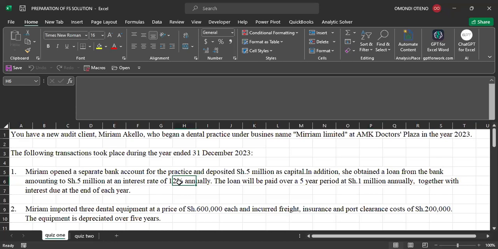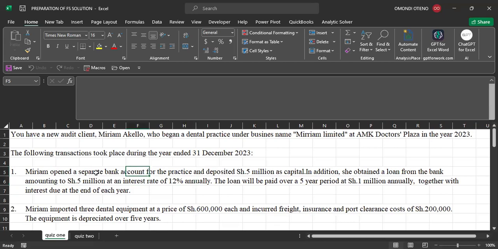So at the end of this particular year, they stayed with the entire 5 million which was borrowed. So it will attract an interest amount of 12% of 5 million. That interest, you debit it to income statement. And of course, if it is not paid at the end of the year, we take it to the statement of financial position as finance cost payable.